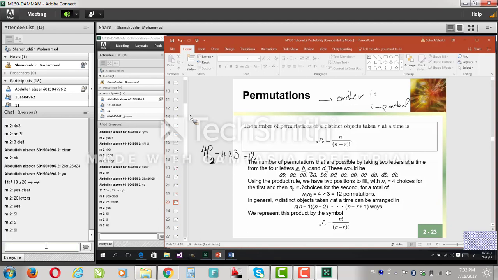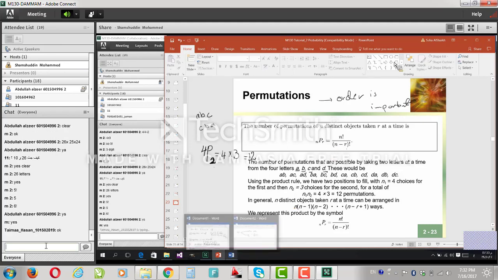When I say ABC, it is not the same as CBA, right? In permutation I'm trying to change the places. This is very important: the order is important for the permutation. And let me write it.